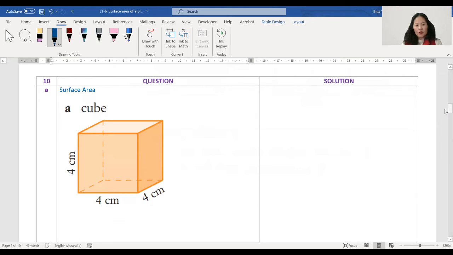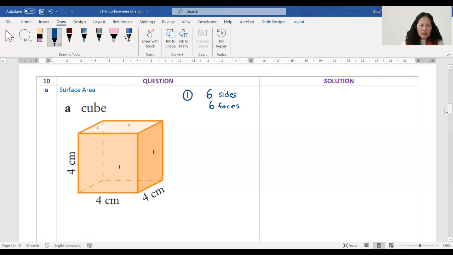Part A first. Now this is a cube. So first question we have to ask, how many faces do they have? There's a 1, 2, 3, 4 at the back, and then 5 and 6 on the top and the bottom. So I have 6.